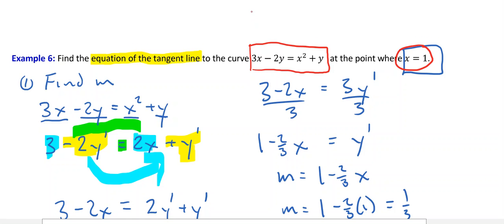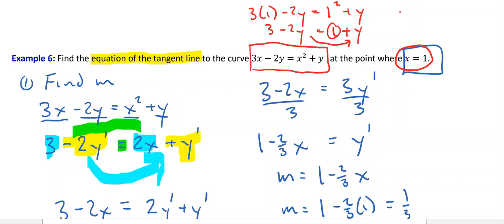So we would have 3 times 1 minus 2y equals 1 squared plus y. So we have 3 minus 2y equals 1 plus y. Getting all the y's over on the same side and subtracting the 1 to the other side, we have 2 equals 3y, or y is equal to 2/3.